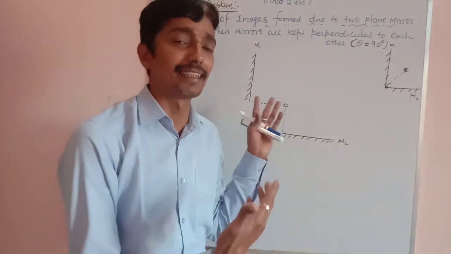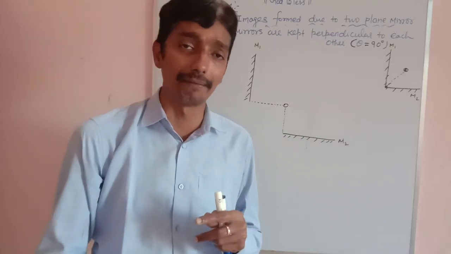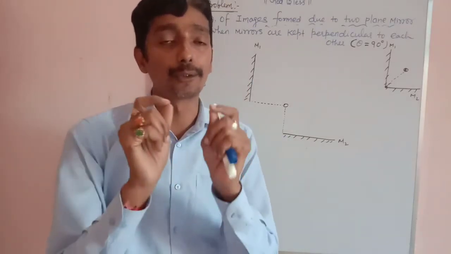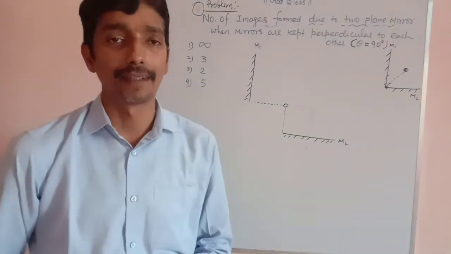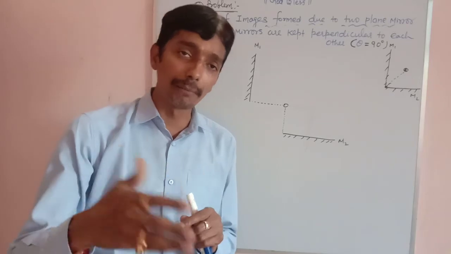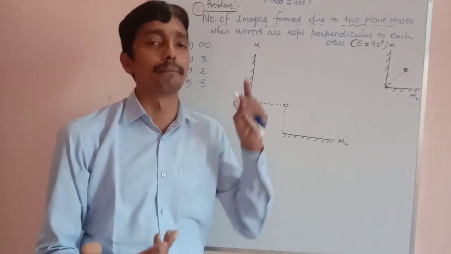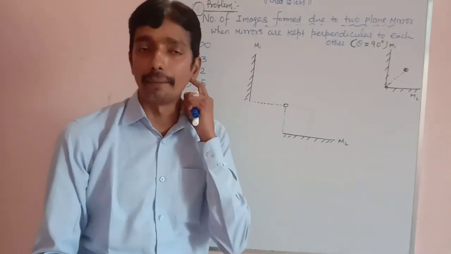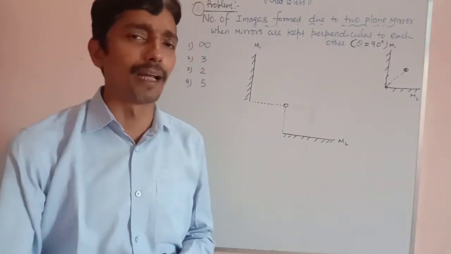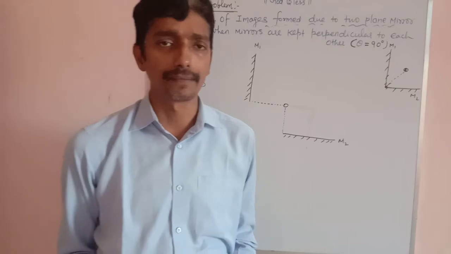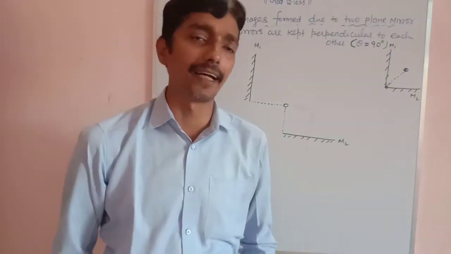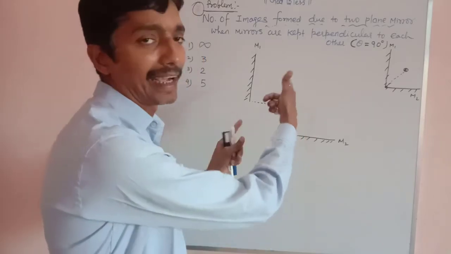To crack the same numericals. Because sometimes for some problems, drawing a ray diagram is very difficult, and in that situation you have to use an alternative method to get the number of images. These alternative methods are the circular trick method, criss-cross method or formula method, which is given in all the books. But as far as ray diagram is concerned, let us learn the ray diagram, and with the help of ray diagram, we will crack all these questions.